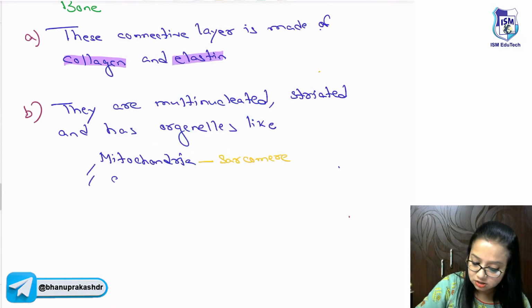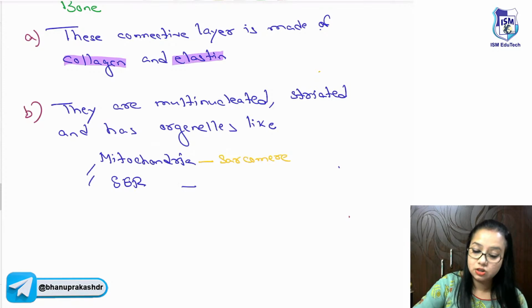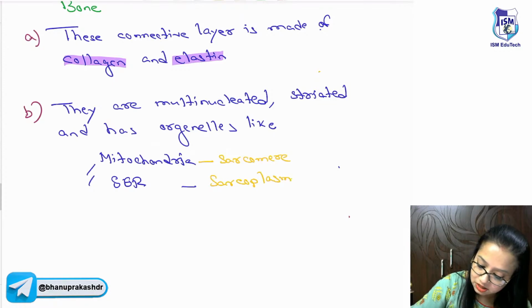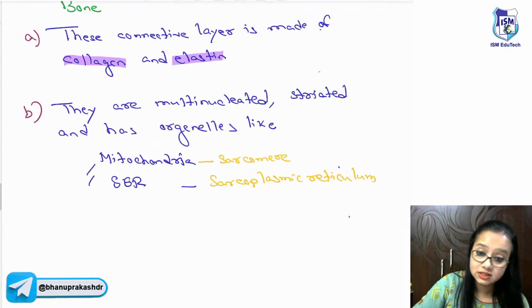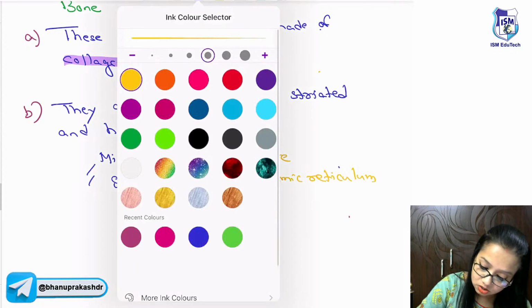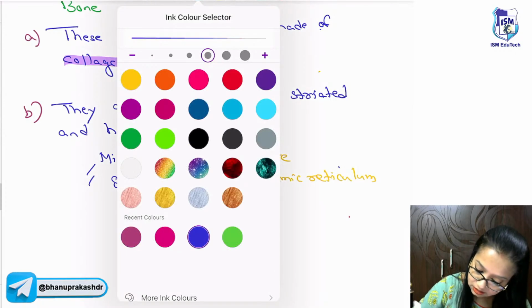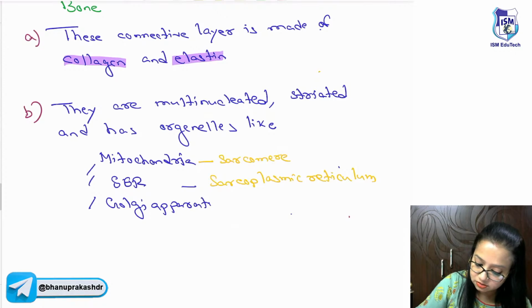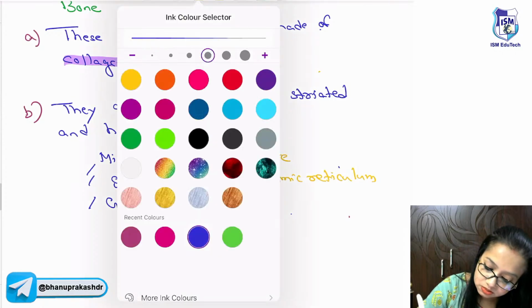It has smooth endoplasmic reticulum, which is called as sarcoplasmic reticulum, right? And it also has Golgi apparatus.